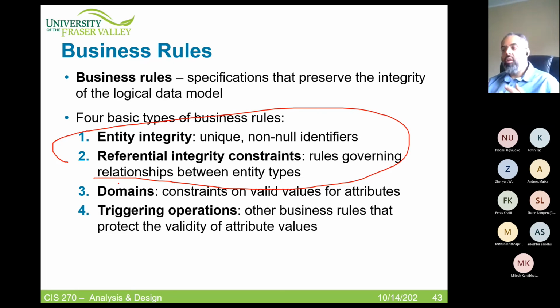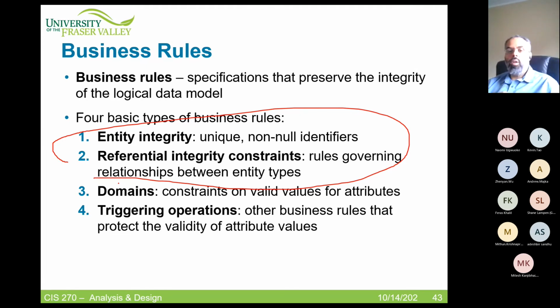And we talked about the referential integrity constraint when we talked about the relationship type. We said this relationship should be many to many, one to many, or at least one or at most one.